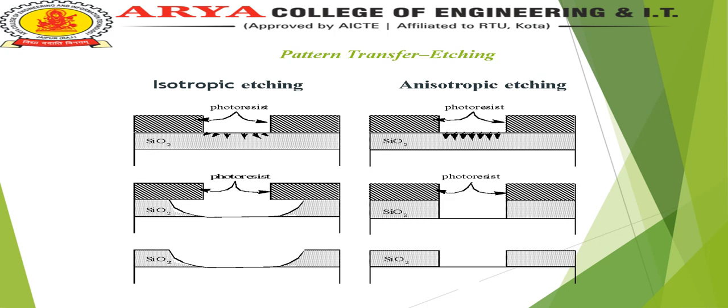Next, by masking and removing, it will be shaped that way. Similarly in anisotropic etching, when UV light is applied on the masking layer, that part is removed and it forms like that. So these are the two patterns we are designing for pattern transfer etching: isotropic etching and anisotropic etching.